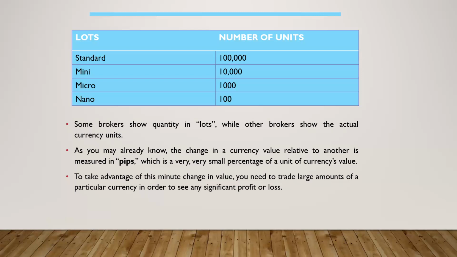So you need a larger purchasing power, or a larger amount of a particular currency, to have a significant profit or loss. The lot size and the PIP work hand in hand. Lots is your purchasing power, then PIP is the significant price movement of that currency, either in profit or loss.